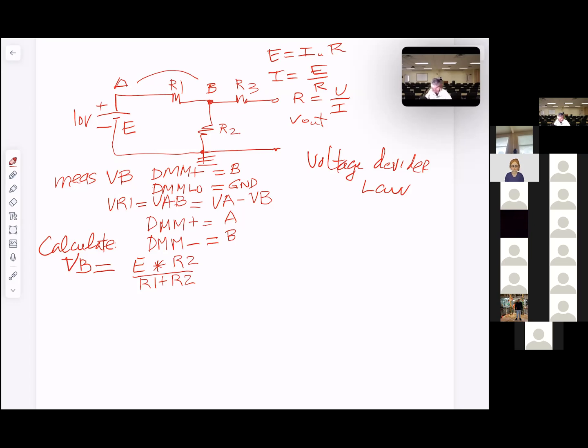Okay, now the current flow here: I1, I2, I3. What does I3 equal? It's 0.